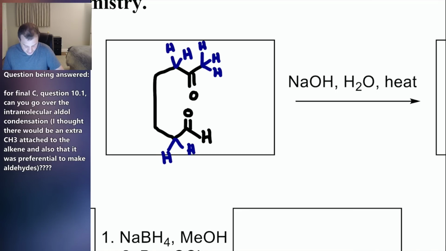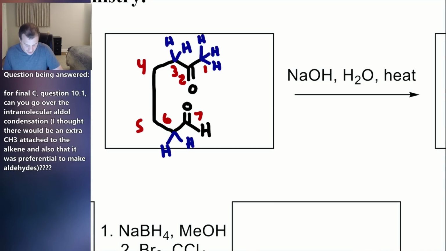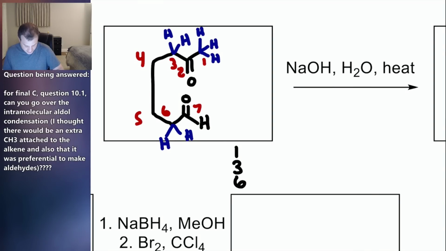There's 3 of them, so we'll want to go ahead and arbitrarily number our carbons 1, 2, 3, 4, 5, 6, and 7. And so we have alpha hydrogens on carbons 1, 3, and 6. We'll want to determine the ring sizes for each one of those.